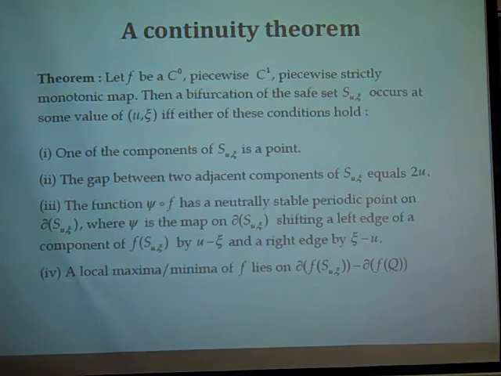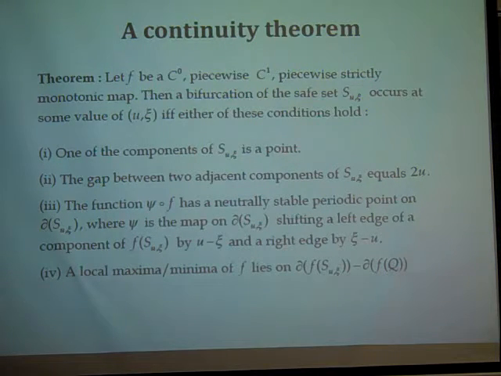Sorry. And this looks very cryptic, but this is the simplest possible wording we could come up with. This is actually a condition imposed on the boundaries of the safe set. This tracks the dynamics of the map on the boundary of the safe set.